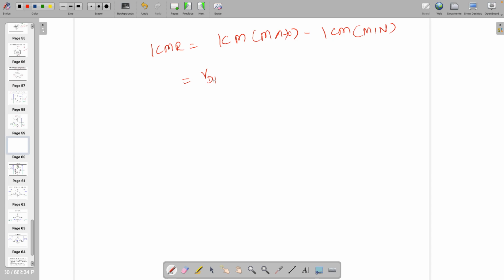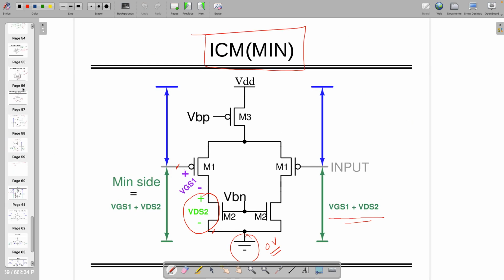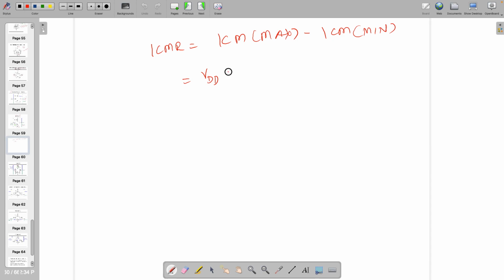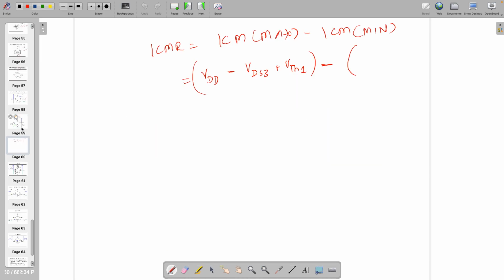ICM max was VDD minus VDS3 plus VTH1, minus the min side, which is VGS1 plus VDS2.